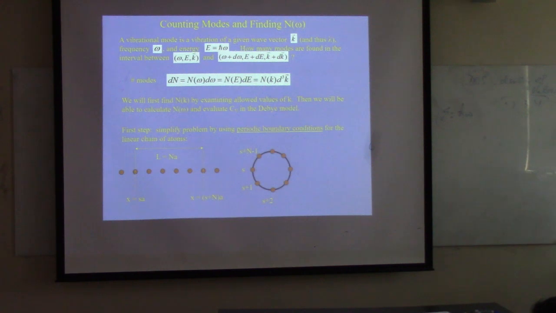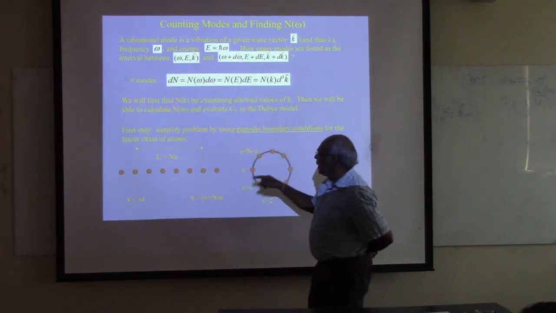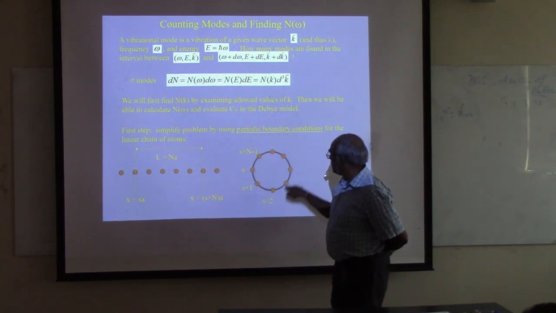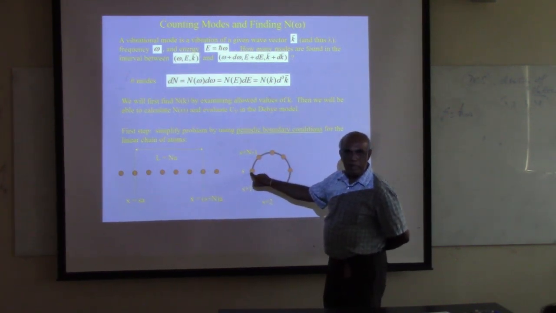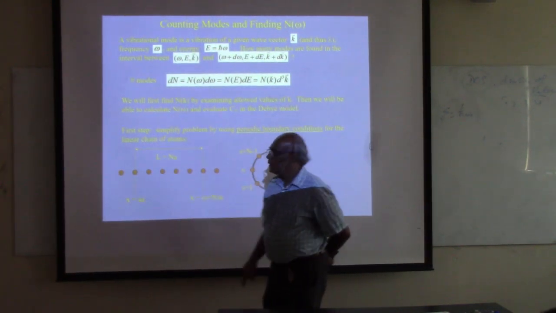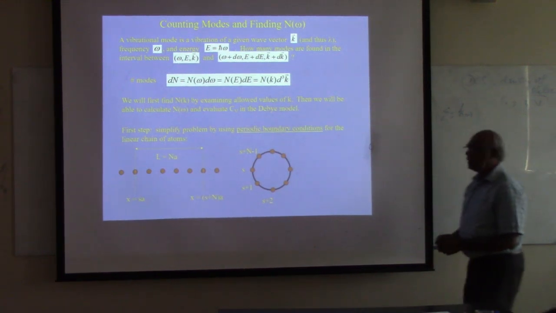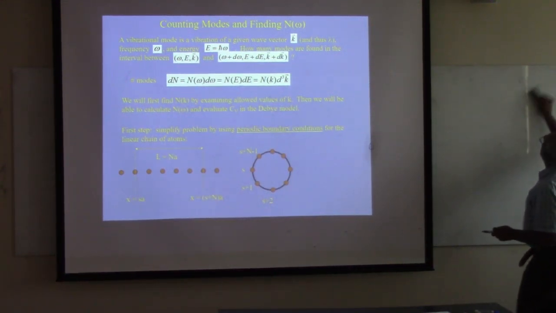That is how you get the boundary condition. If I bend this, you can see this is the S atom. Now when I bend, this is S plus 1, this is S plus N minus 1, and this is S plus Nth, which will coincide with S. Then you can get the series of these k values. How?